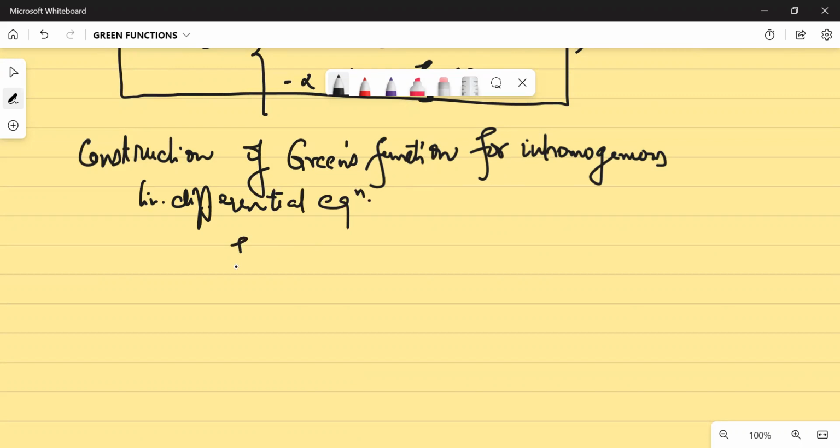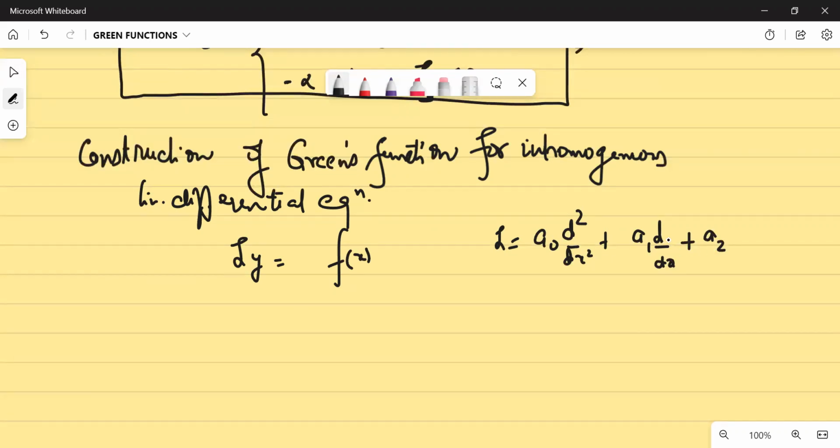So now let us consider your Ly to be written as f of x. L here represents your a naught d2 upon dx2 plus a1 d by dx plus a2, sorry. So this is your linear differential operator.